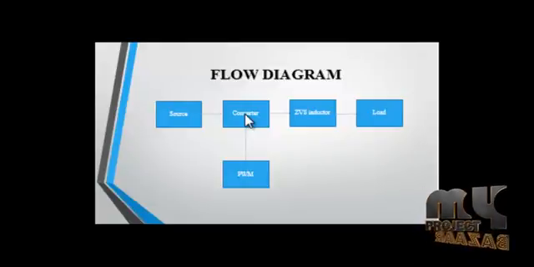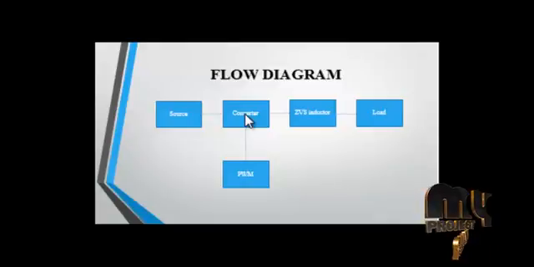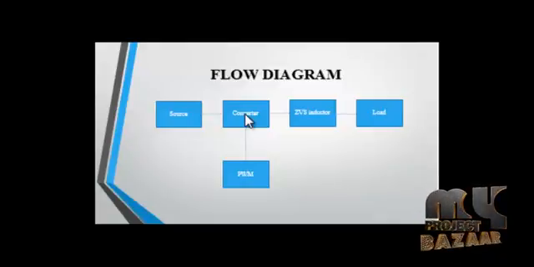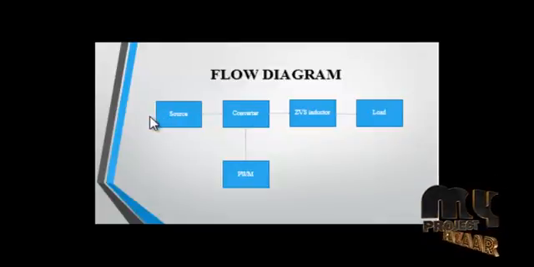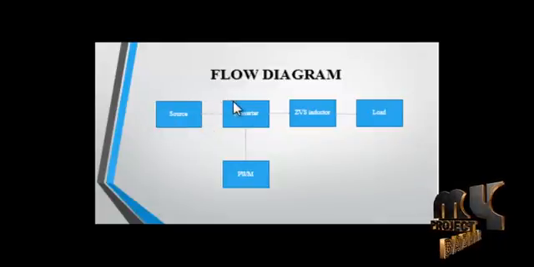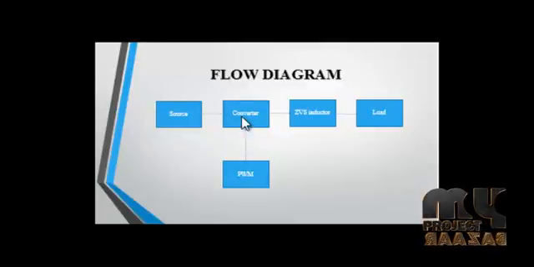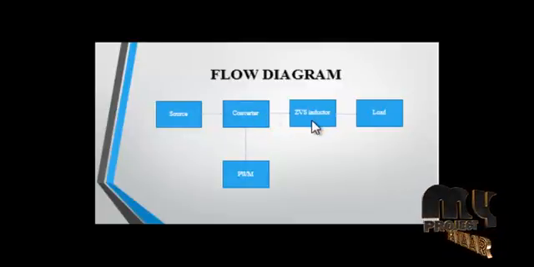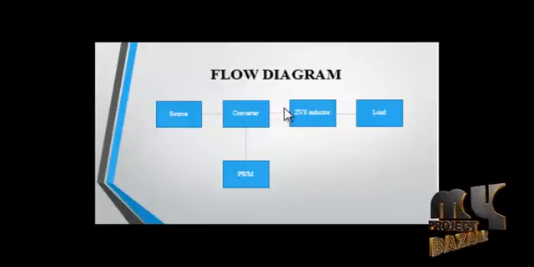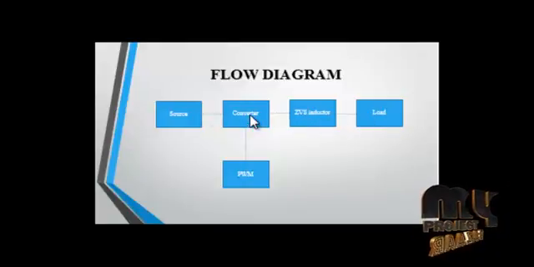We are using a buck converter. A buck converter reduces the input voltage to a lower output voltage. For example, we give an input voltage of 68 volts, and the buck converter gives an output voltage of 8 to 12 volts. So this is the buck converter process.